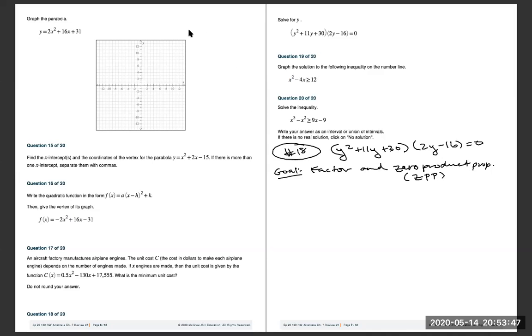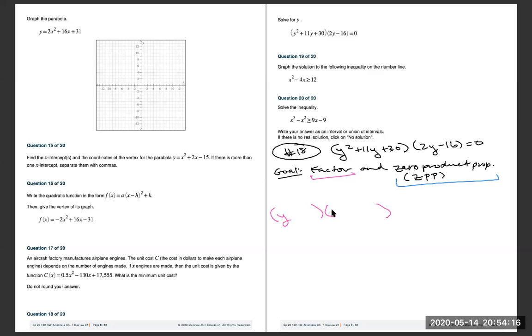Okay, so let's do this in some different colors. Let's factor in pink, and then we'll use zero product property to solve for y in blue. Okay, so the first thing is notice that your quadratic is factorable. You could use AC method on that, or you can use trial and error.